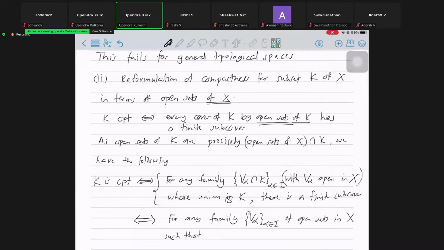So V alpha intersected with K, their union is K. That means that what is the corresponding condition for V alphas? The union of V alpha must be a superset of K. The union of V alphas, alpha in I, must actually contain K. Notice that the two things are exactly synonymous with each other. Because if V alphas altogether miss some part of K, then after intersecting with K, I will still miss that part.